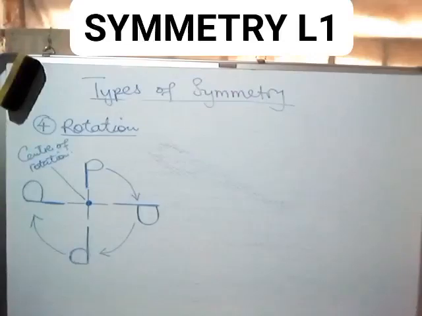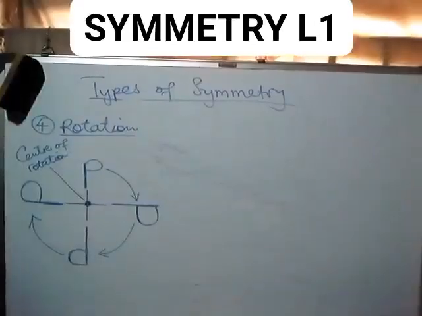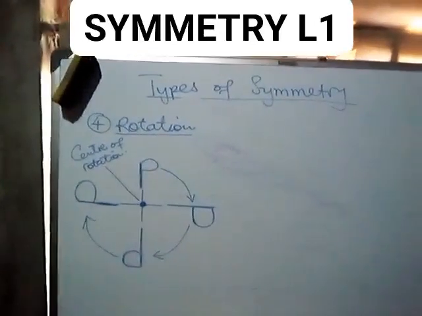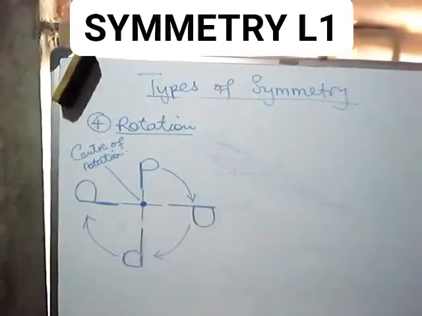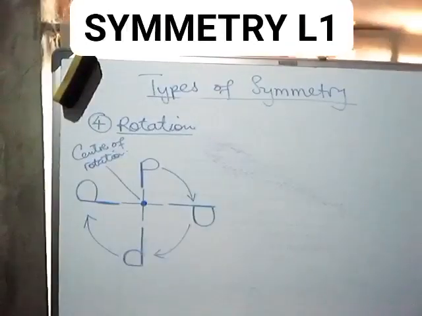That is what we call rotation. The point is called the center of rotation. The letter P on the diagram has been rotated in a clockwise direction through 90 degrees.